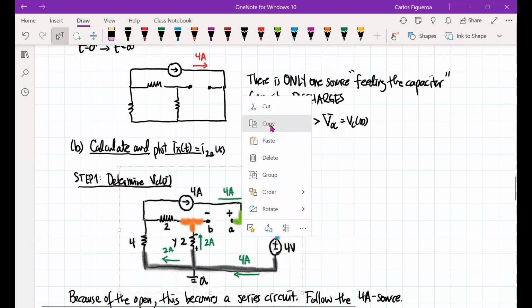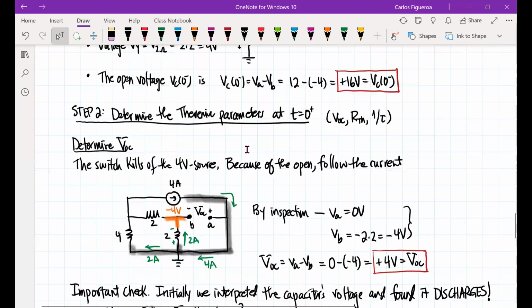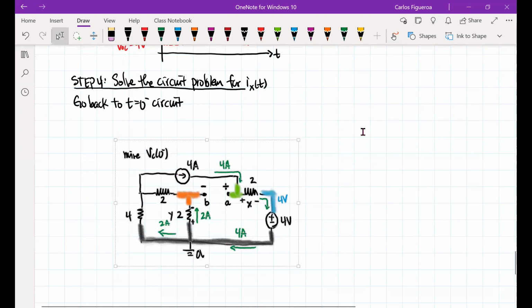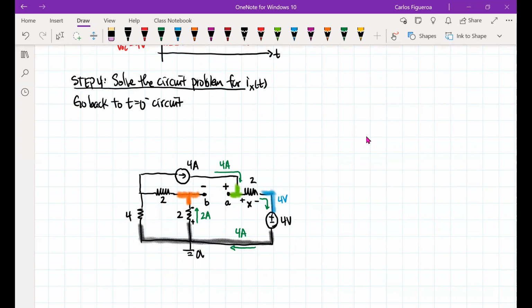Okay? Here is my circuit at this point. The only thing I care about is Ix. I don't care about this guy right here. And what I do know is that we have defined this current right here as Ix of 0 minus.